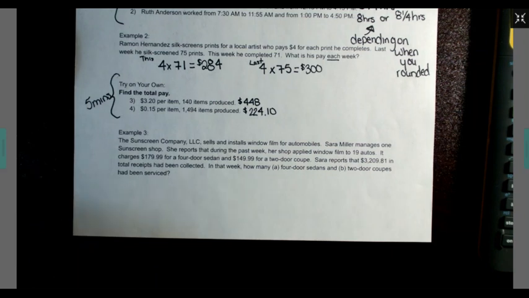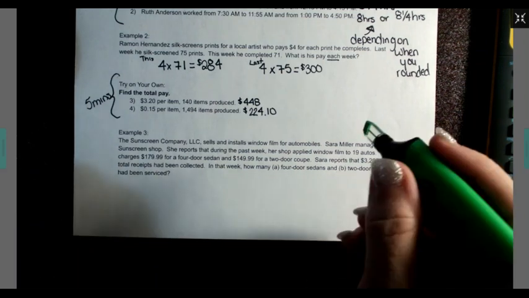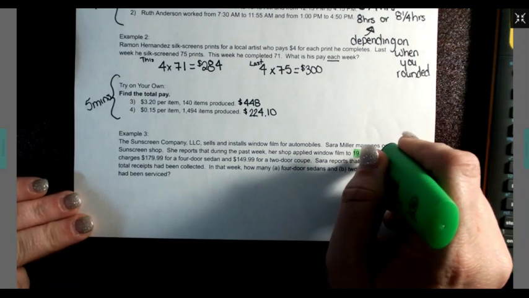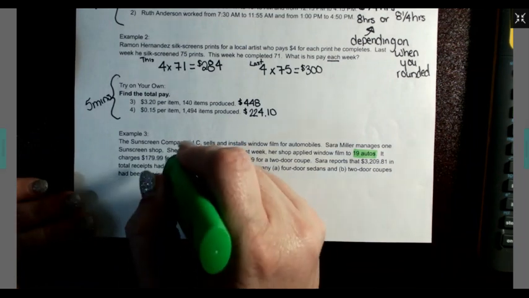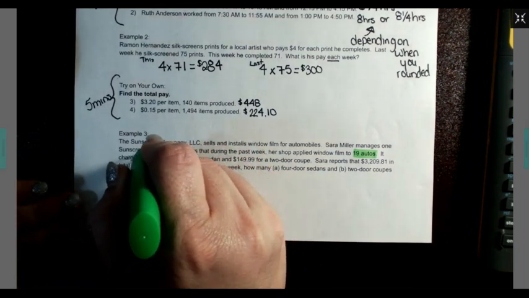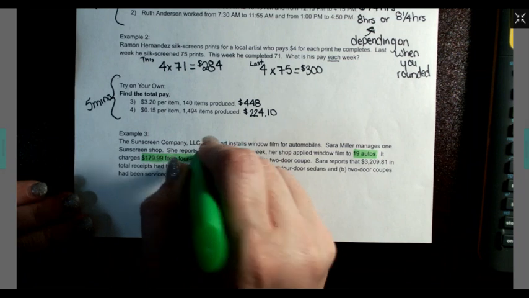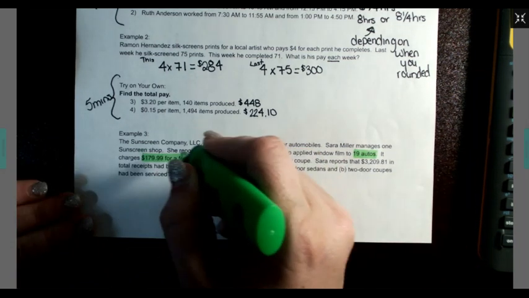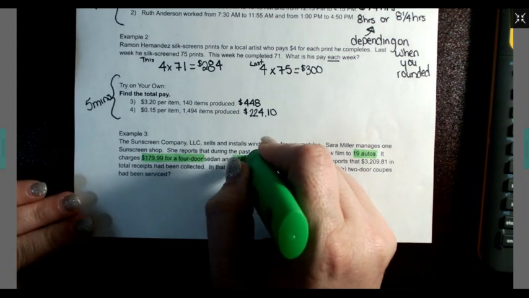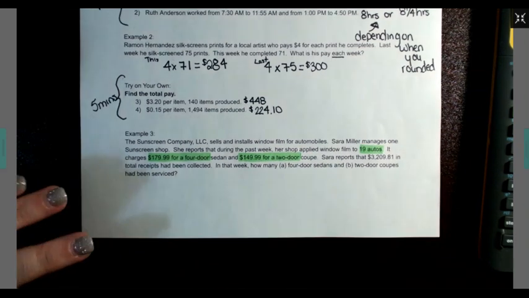Okay, so let's decipher what we got here. We had 19 autos altogether. We know that she charges $179 for a four-door and $149 for a two-door.